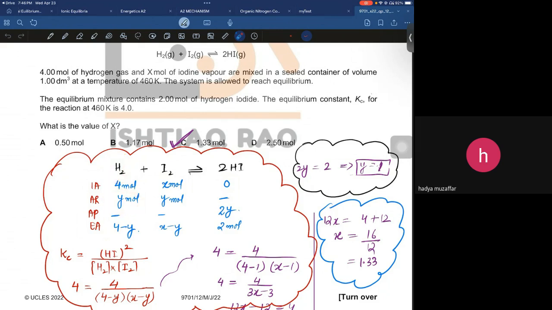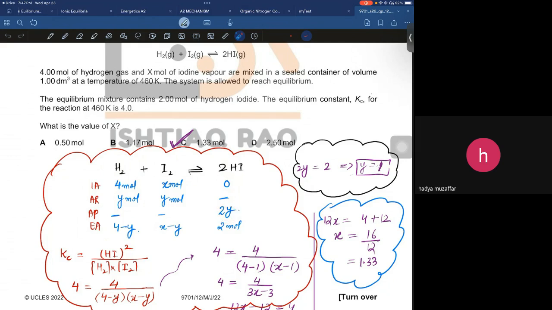I'm not saying that this is X because it would be mixed together. I'm giving a different variable to this reacted system. I don't know the moles of iodine that have reacted either, so this is Y, the same thing. How many moles are produced for HI? I don't know, so this is 2Y.